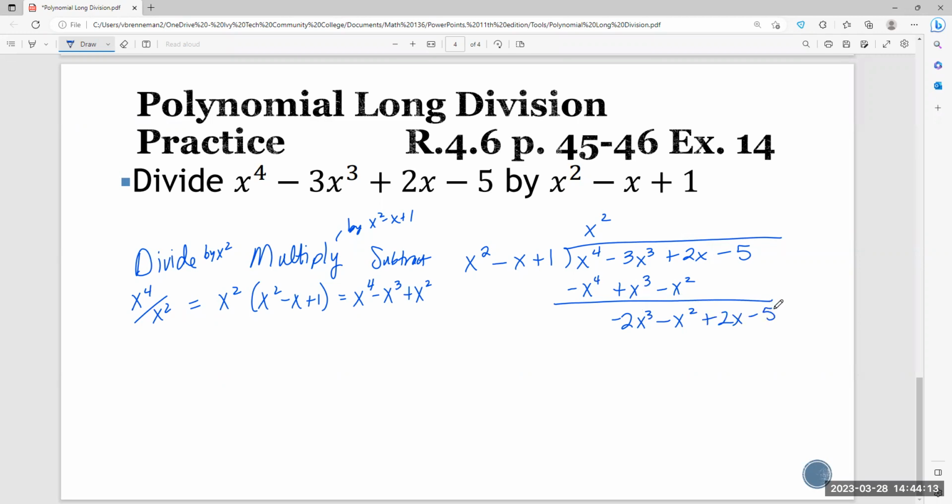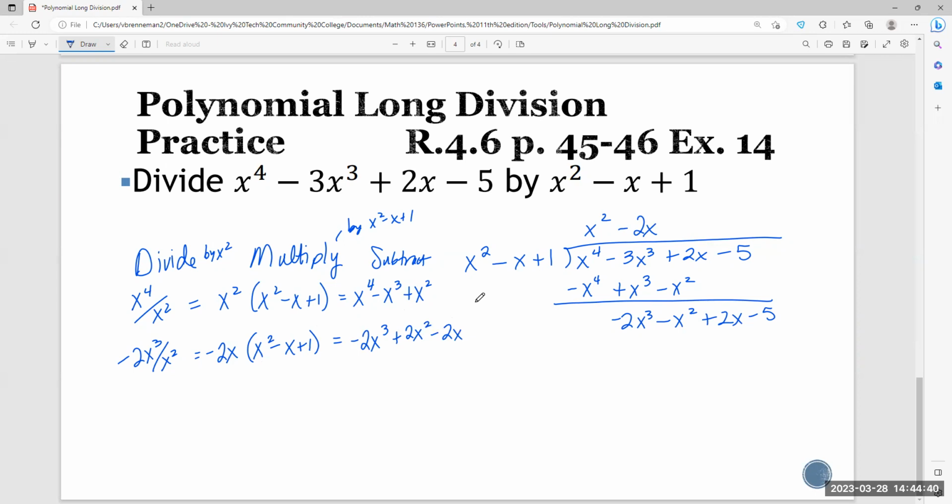Next step of the process, now I'm taking negative 2x cubed divided by the x squared, and that comes out negative 2x. That goes next on my quotient. And then the negative 2x gets multiplied by x squared minus x plus 1, and that comes out negative 2x cubed plus 2x squared minus 2x.